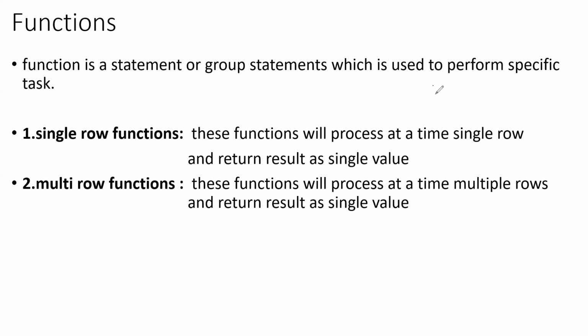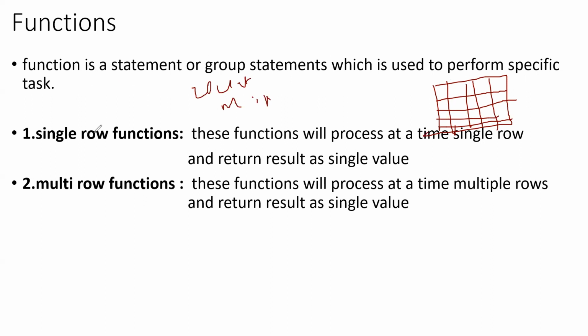Single row means, let's take this is a table, and there are some columns, and rows. If you want to apply, for example, multiplication or count, the best example is the count, or minimum, maximum, like that. Now you can apply those functions for a single row or else multiple rows or columns also.